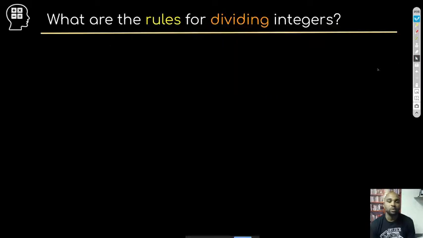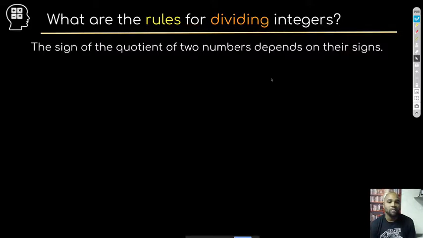What about the rules for dividing integers? The sign of the quotient. Remember, quotient is the name we give the answer after dividing two numbers. So the sign of the quotient of two numbers depends on their signs too.